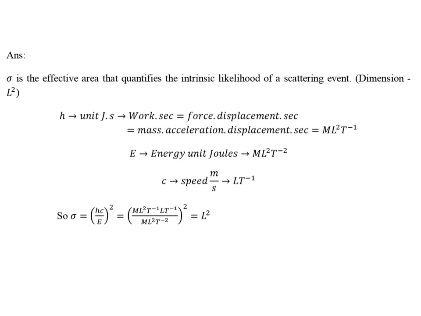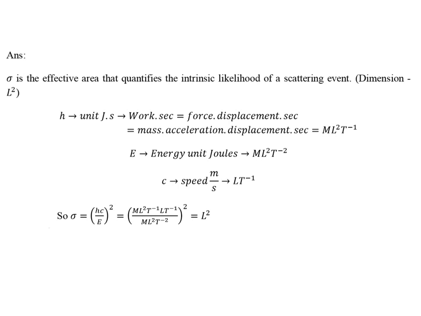We have to understand what is sigma. Sigma is scattering cross-section. It is the effective area that quantifies the intrinsic likelihood of a scattering event. So its dimension should be L square. Now the dimension for Planck's constant is M L square T raised to minus 1.